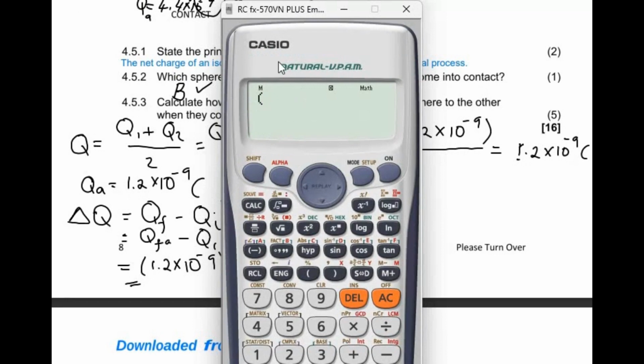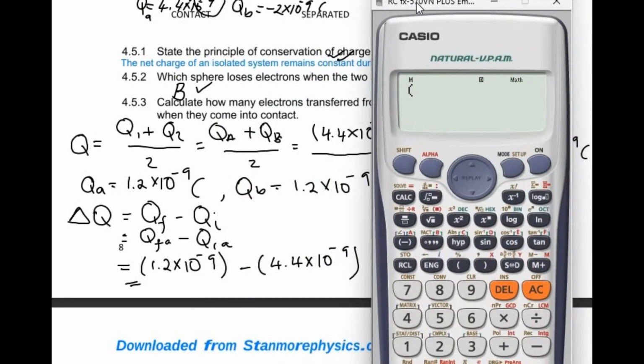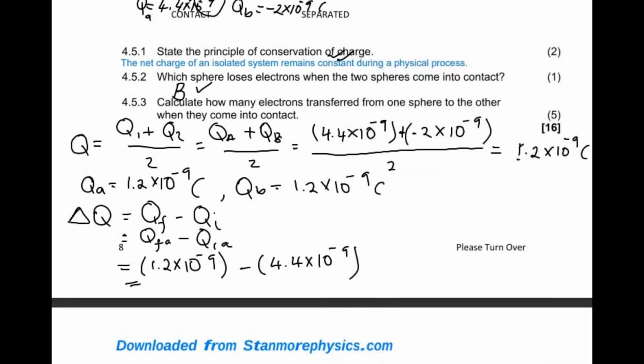So we have that 1.2 multiplied by 10 raised to the power of minus 9, brackets, minus 4.4 multiplied by 10 raised to the power of minus 9, and we find that the amount of charge that is transferred to sphere A is minus 3.2 multiplied by 10 raised to the power of minus 9 coulomb.